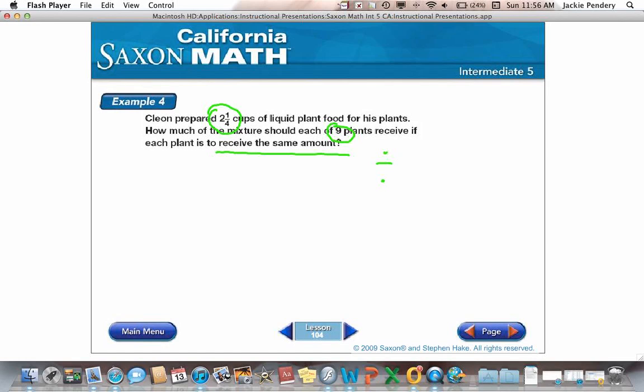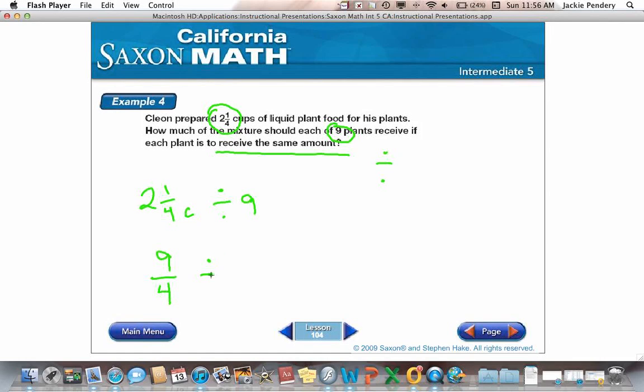Okay, the first thing I need to do is change 2 1/4 into an improper fraction. So let's start by writing out 2 1/4 cups divided by 9. We have a couple things going on here in this problem. Let's start with the mixed number. 2 1/4 we change into 4 times 2, denominator times whole number, equals 8, plus the numerator equals 9, over the denominator of 4.